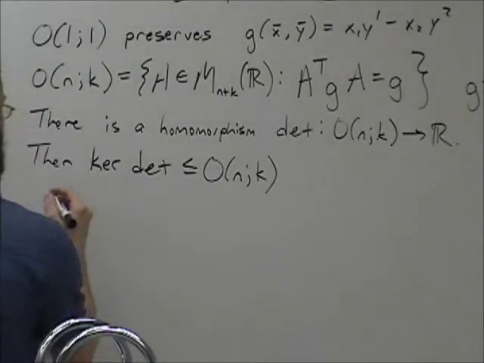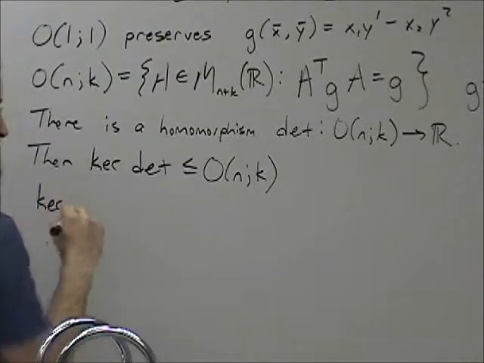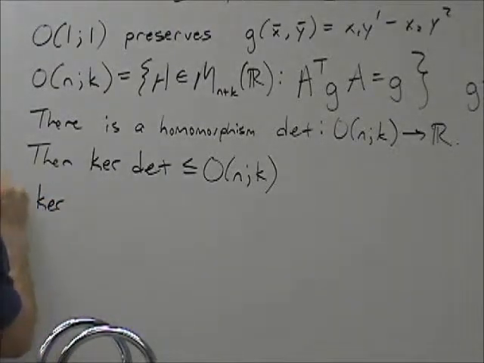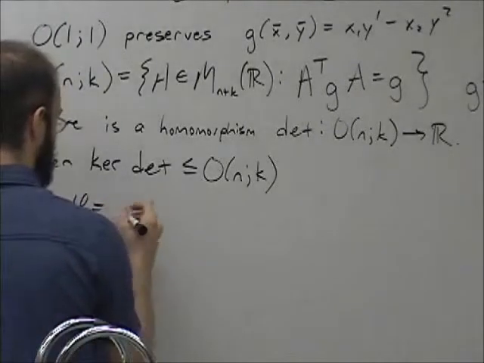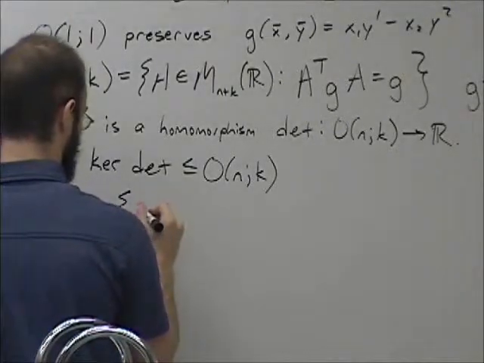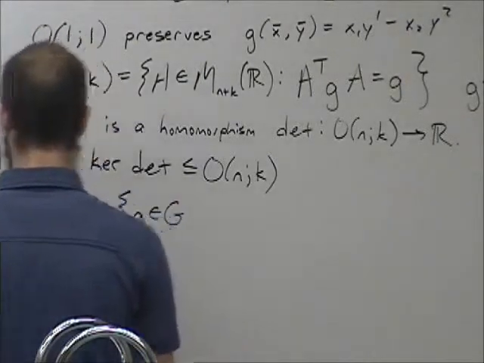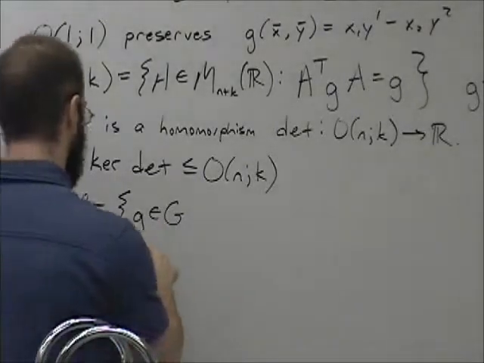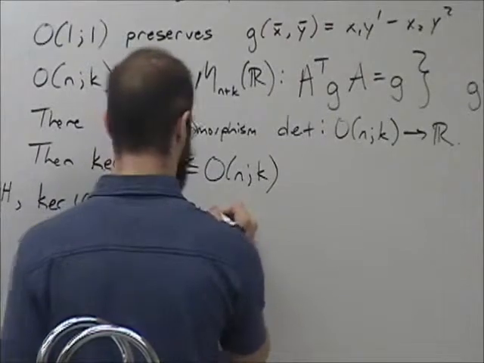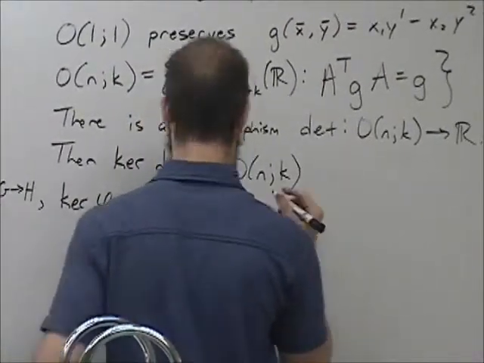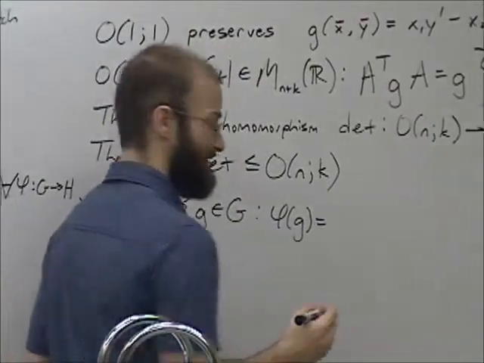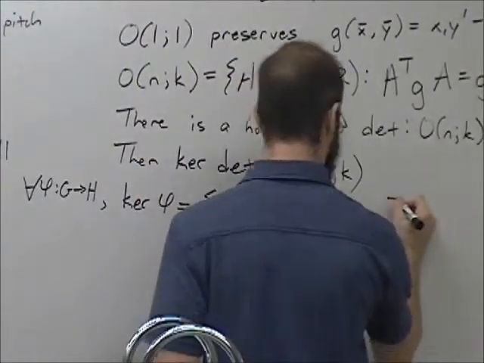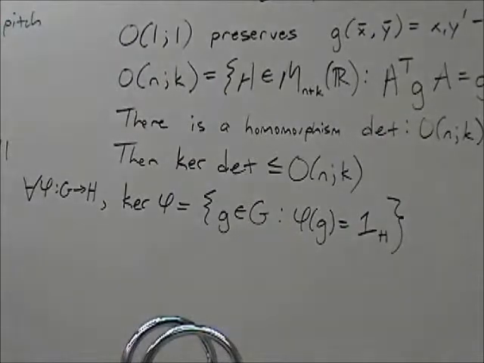For any homomorphism phi from G to H, the kernel of phi is all the elements of G such that phi takes g to the identity in H, which I'll write as 1_H.